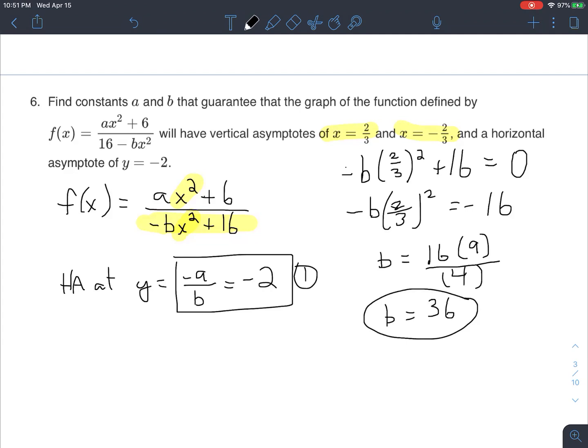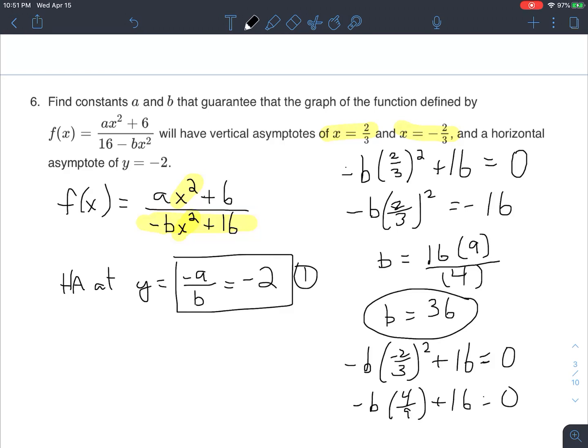But also, negative 2/3 is going to be the exact same thing. Negative b times negative 2/3 squared plus 16 equals 0. Well, of course, when you square negative 2/3, you're going to get negative b times 4/9 as well. So you're going to get the same answer. Alright, so b is definitely 36, and we're going to call that number 2.